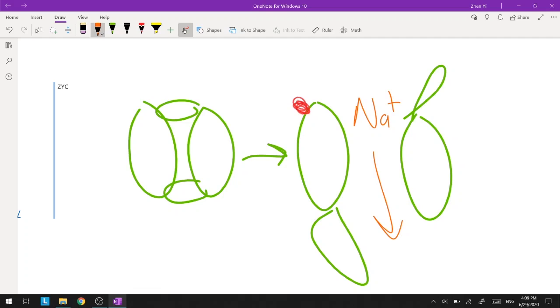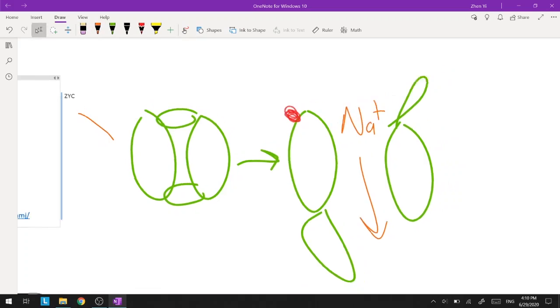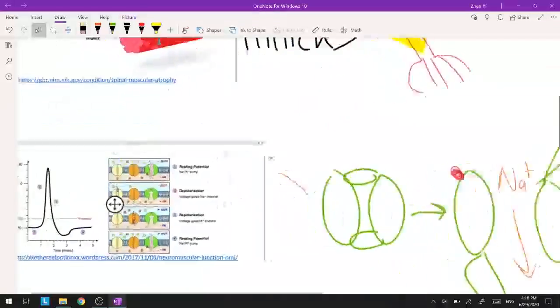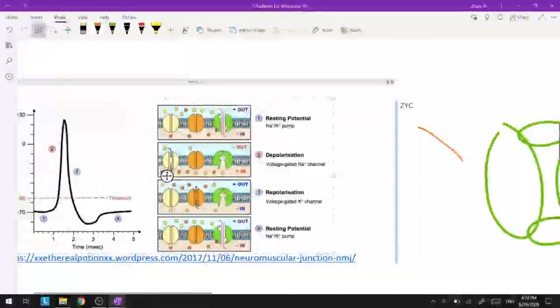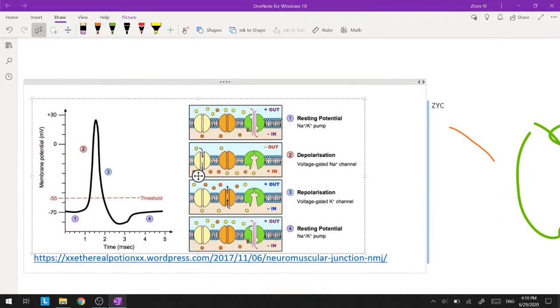Once there's a higher concentration of stimulus, more and more sodium ions enter the cell, which allows for an increase in the membrane potential.